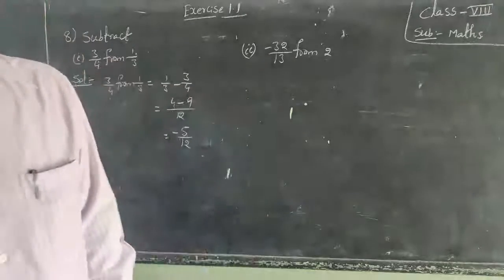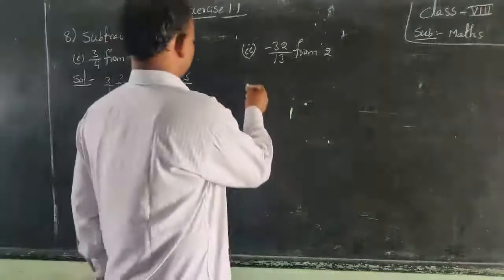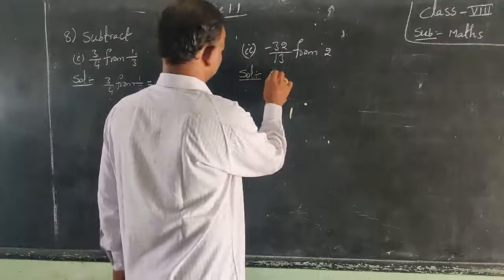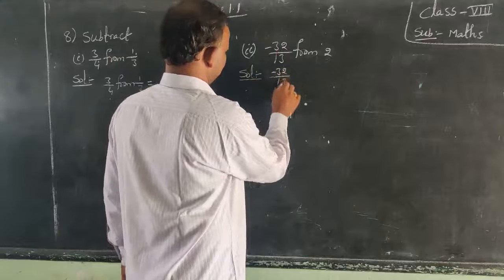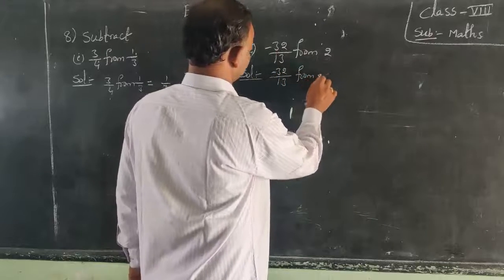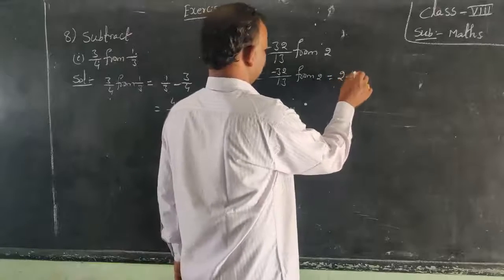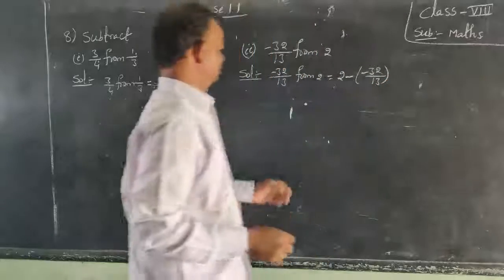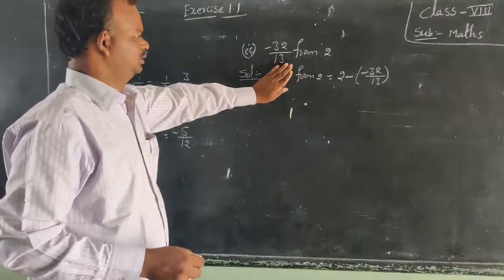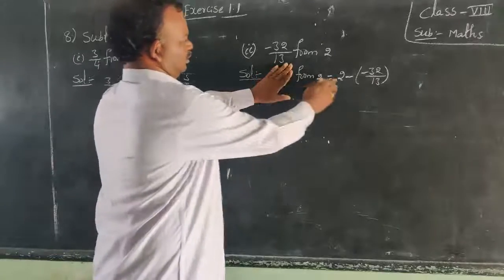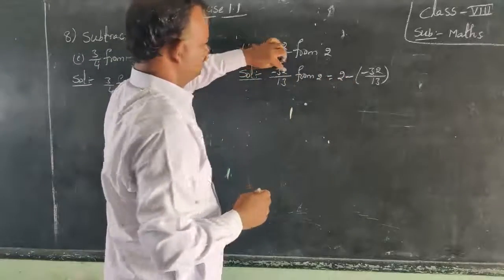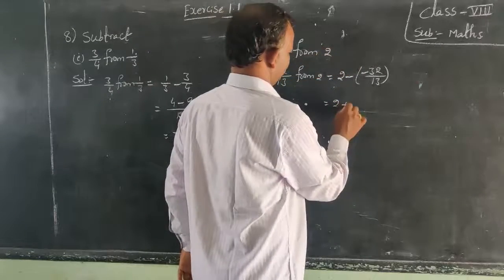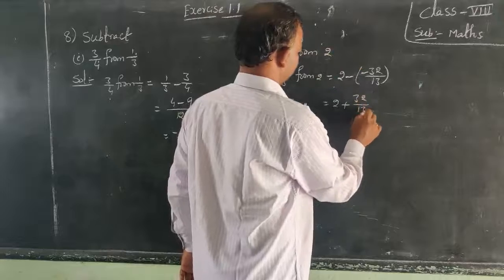Solution: 2 minus of minus 32 by 13. Subtracting this value, this value means minus 32 by 13. Minus into minus is plus. That is equal to 2 plus 32 by 13.